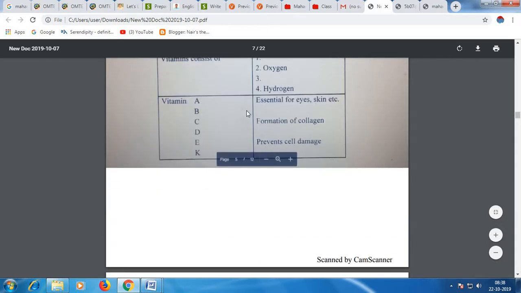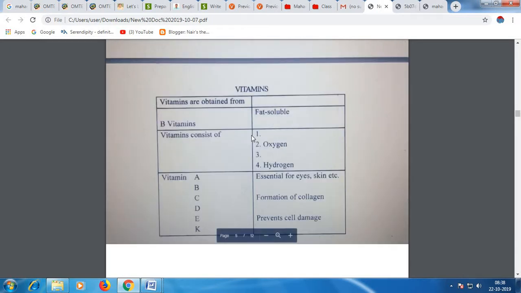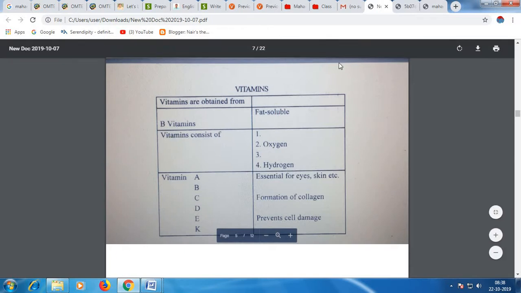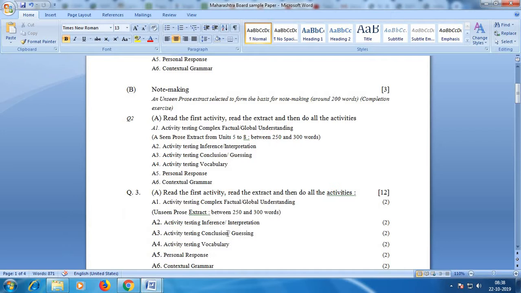Vitamin A, essential for eye, skin. B, C is given, D is not given, E is given, and K is not given. So you simply have to fill it with the help of the given passage. You have to read that passage and then find out the details. So this is how note making is done.